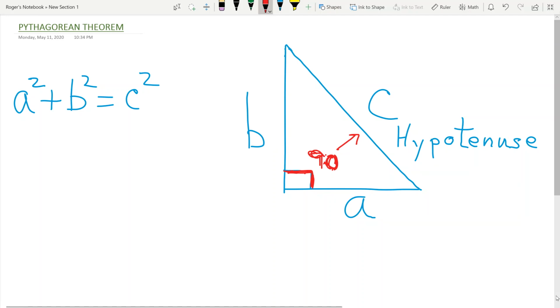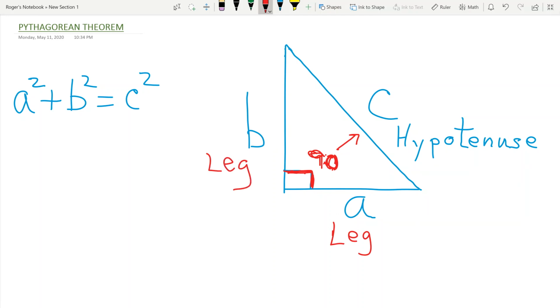And the other two sides are called legs. This is a leg. This is a leg. So you have two legs, and then you have the hypotenuse. The hypotenuse is always the longest side. So you have two legs, and then you have the longest side.